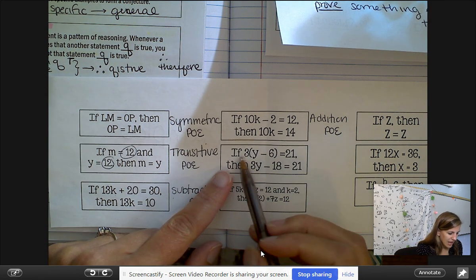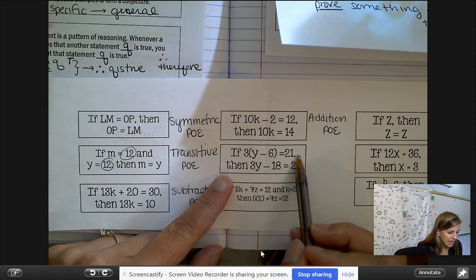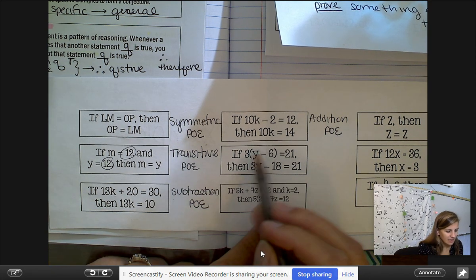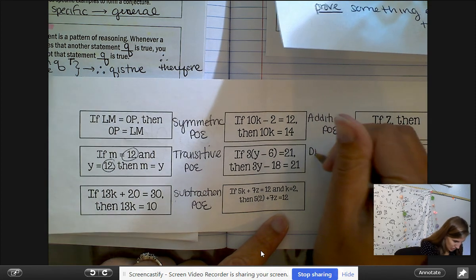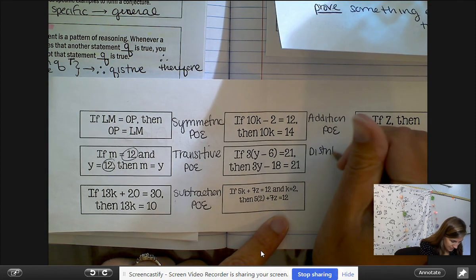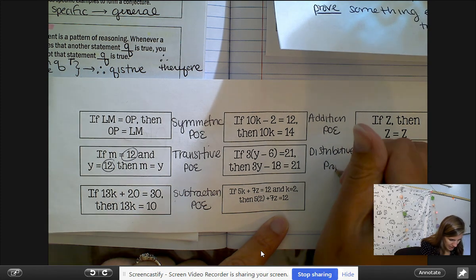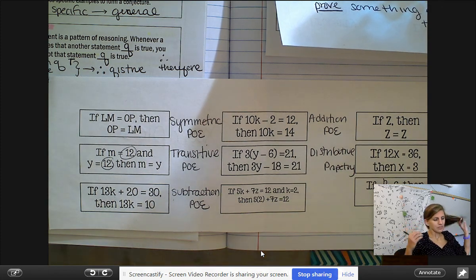All right, moving right along. If we have 3 parentheses y minus 6 equals 21, and then we say 3y minus 18, well, that looks like they distributed. So the distributive property of equality, or really just property. I guess you can put property of equality, doesn't really matter.